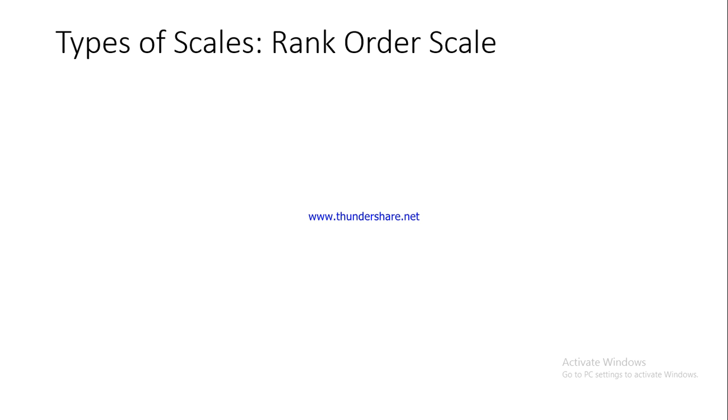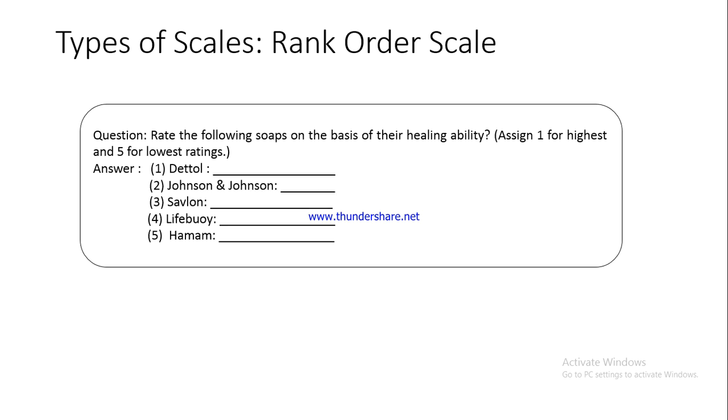Let us talk about the rank order scale. You know what ranks are, what orders are. So here what happens, have a look. This is the question. Rate the following soaps on the basis of their healing ability. 1 is for the highest and 5 for the lowest ratings. So what would the respondent be doing? The respondent will look at all the 5 choices, and if he feels that, let's say, Johnson & Johnson has the best healing capability, the highest healing ability among the 5 options given here, then he will mark 1 in front of Johnson & Johnson.